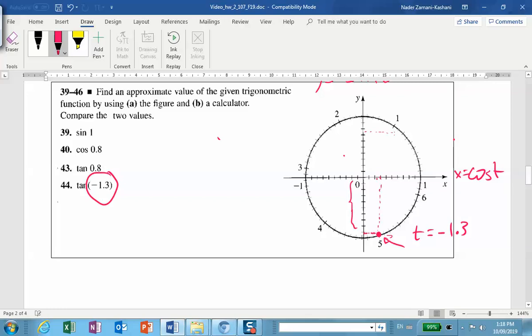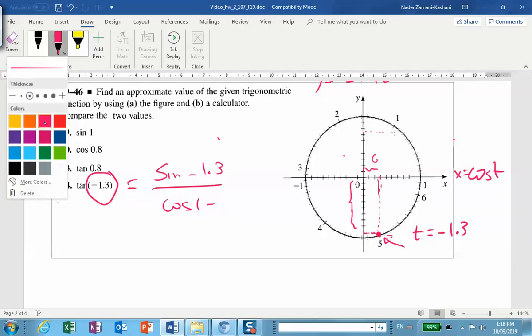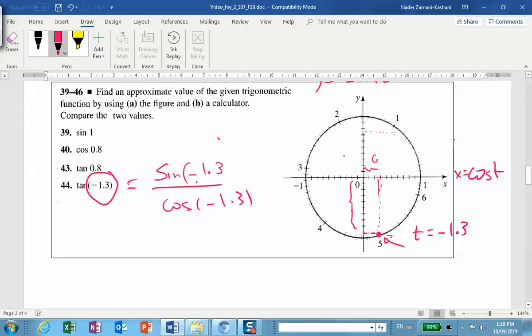So this is equal to sine of minus 1.3 divided by cosine of minus 1.3. The sine was approximately negative 0.9, and cosine, if you look at this, is approximately 0.3. And this is approximately minus 3, according to my estimate. All right? So that takes care of this problem. Let's go to the next problem.